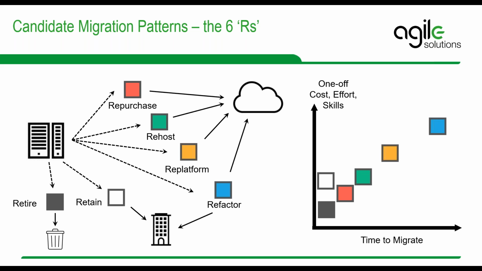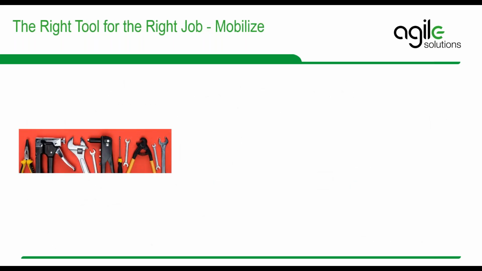And this may also, as part of the refactoring, end up with a hybrid solution where some of it is still running on-prem. But based on our experience with each of these patterns, we help you to identify the most appropriate options for each workload in line with target business's technical and operational goals.